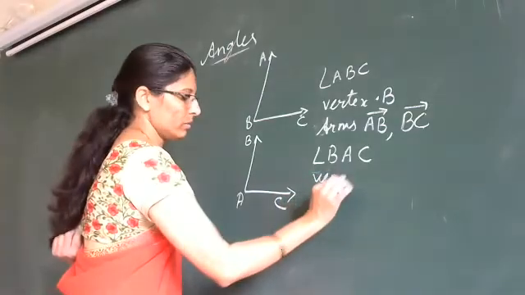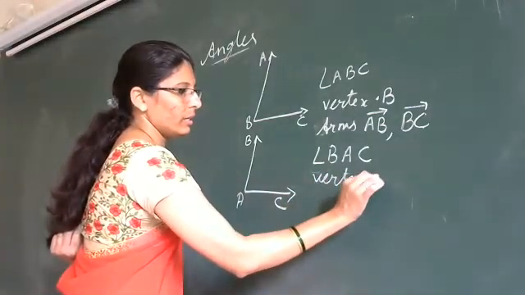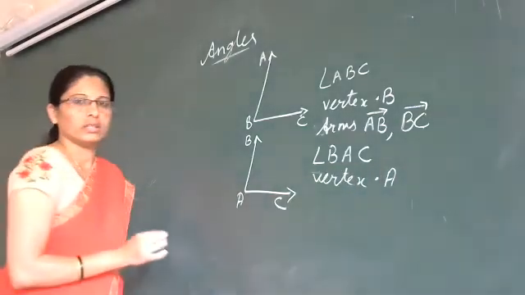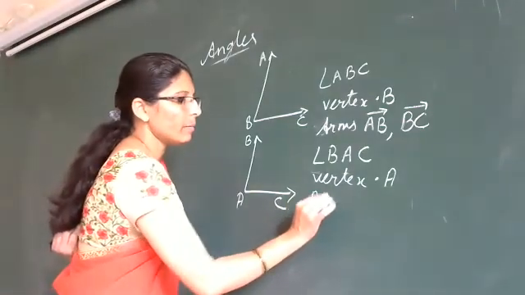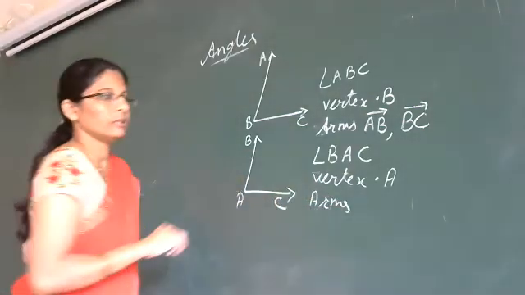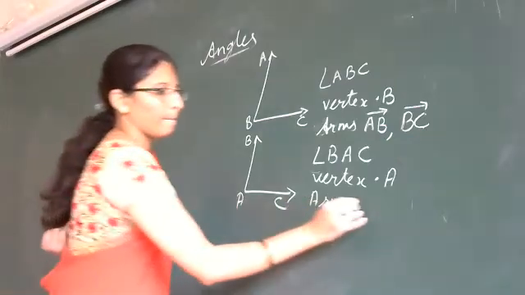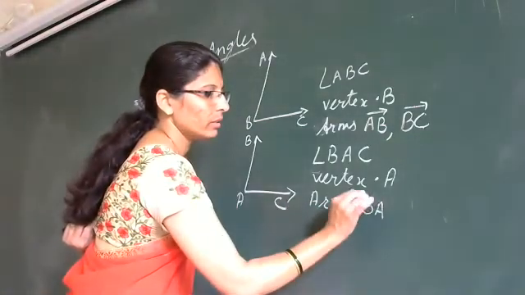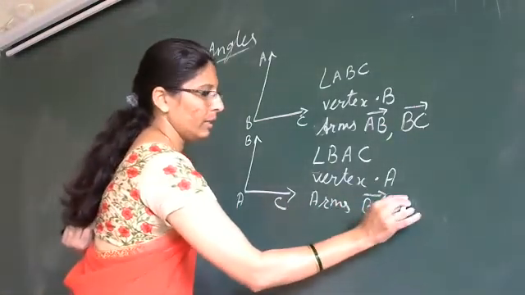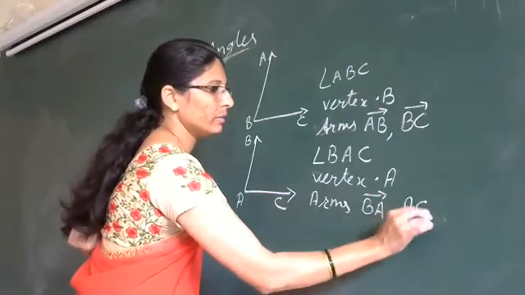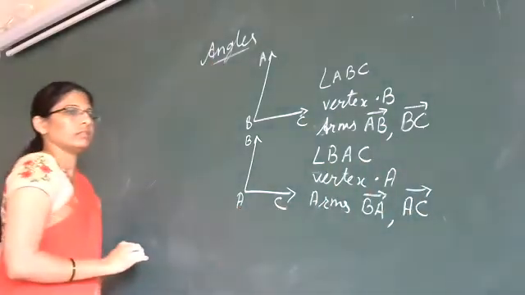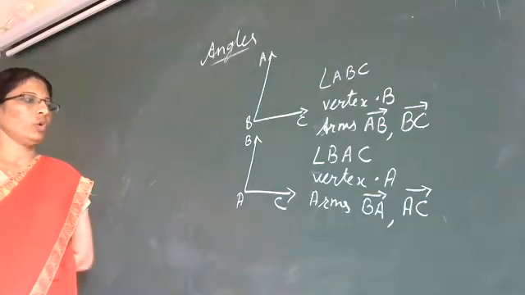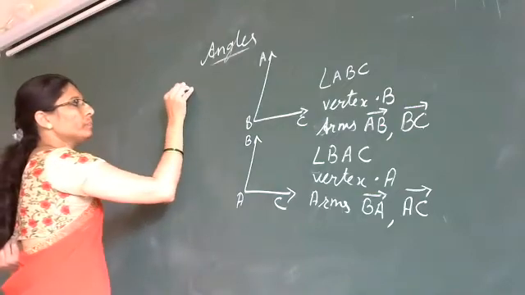Vertex is A. And arms are... Okay. Which is the third way?